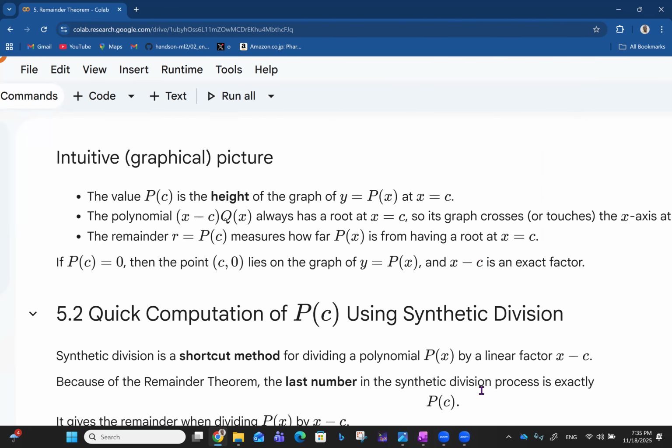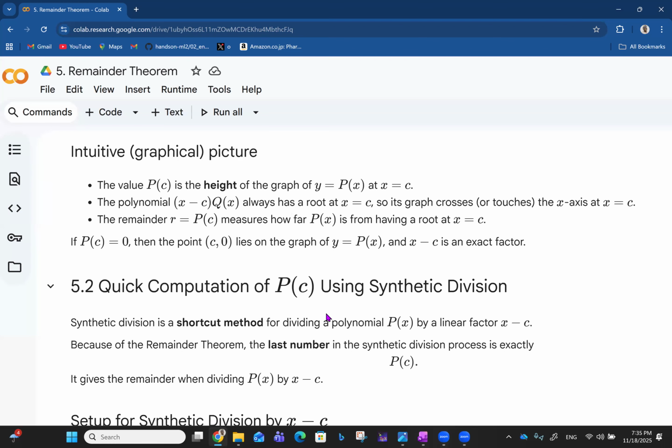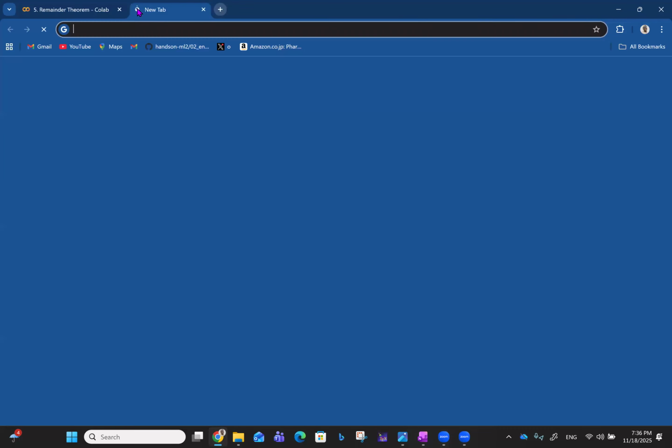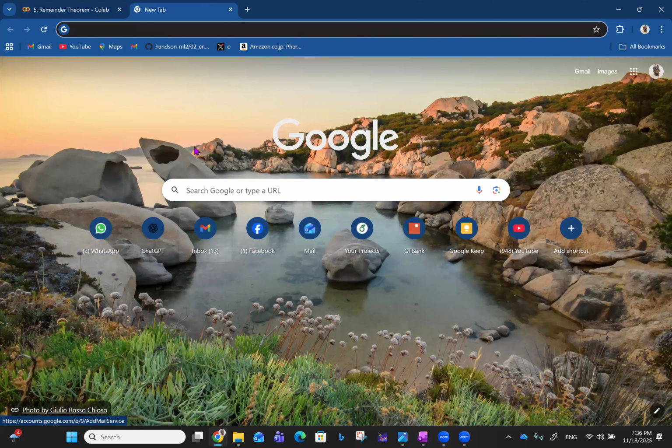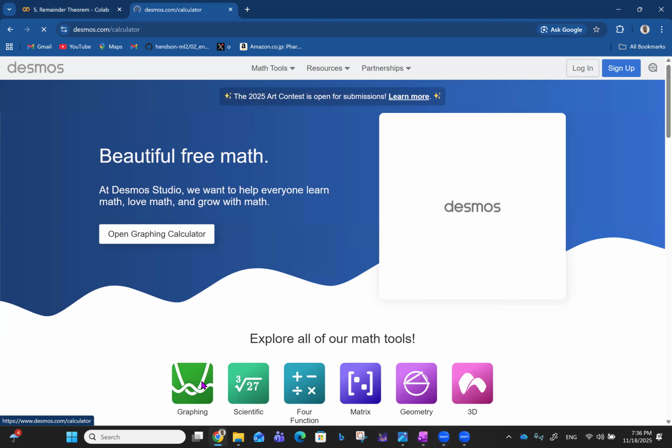Okay, so then we can have an intuitive or graphical picture of that. The value p of c is the height of the graph of y equals p of x at x equals c. Since I've done an example before, I want to go to Desmos and demonstrate it so you can understand what that is about. So I open Desmos and go for graphing.